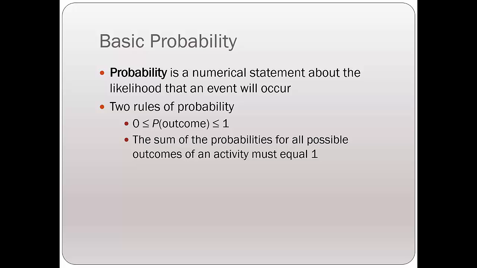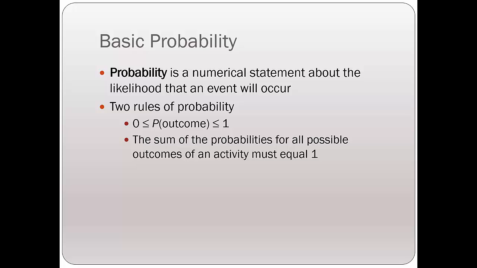Each probability must be a value between 0 and 1, and when you add the 6 probabilities, it should be equal to 1. Of course, if it is a fair die, then each outcome will be equally likely, so each probability will be 1/6, and all add up to 1. And in the case of a toss of a fair coin, it will be 50-50, 0.5, 0.5, adding up to 1.